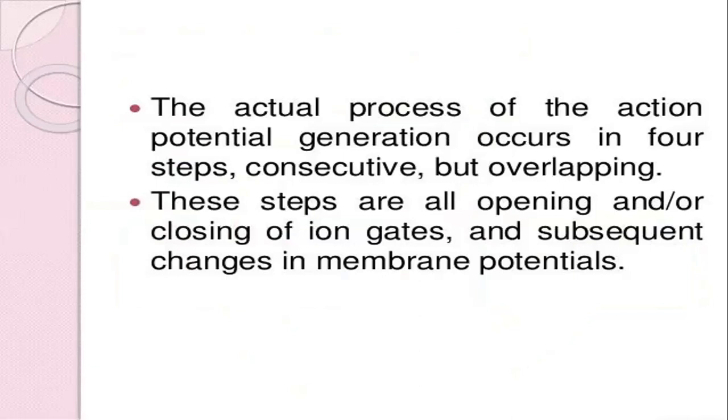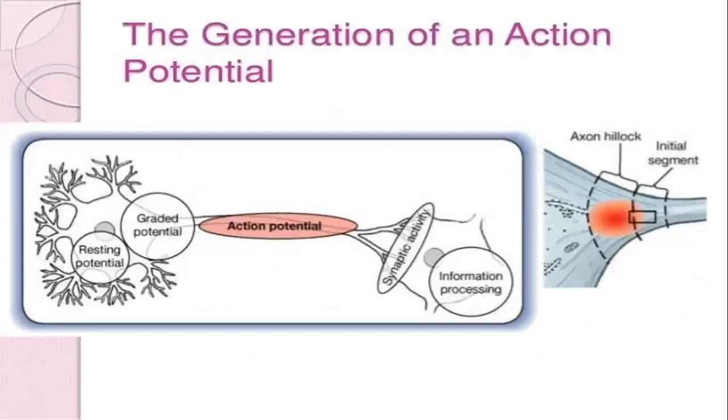The actual process of the action potential occurs in 4 consecutive steps, but some are overlapping. There is opening and closing of different channels during this phase. The action potential is usually generated in the initial segment of the axon because the distribution of channels is very high here.